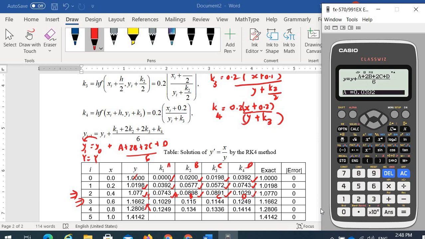For the A value, previously at row I equal to 1, we move down to I equal to 2.